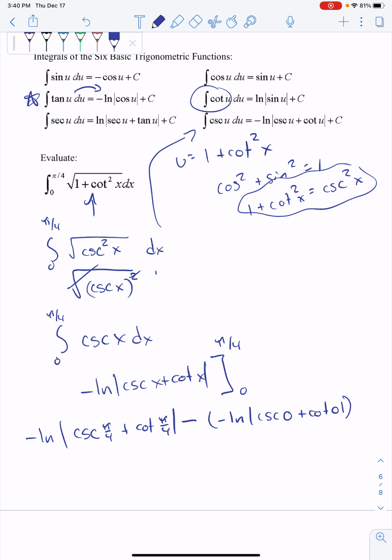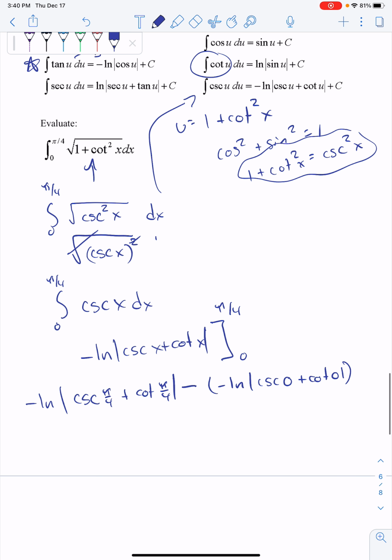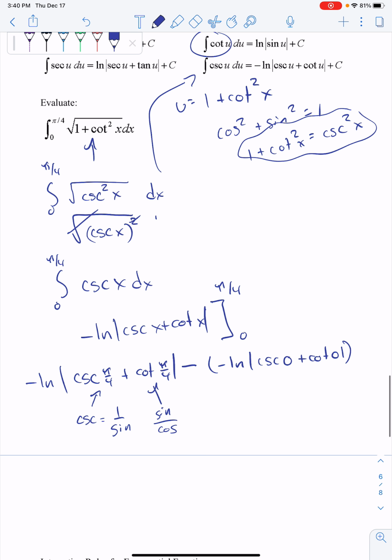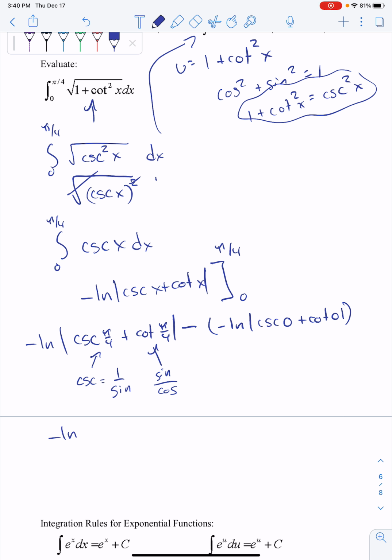So simplifying things a little bit. Here on the left, negative natural log, that's going to stay where it is. Cosecant, remember cosecant is 1 over sine, and cotangent is cosine over sine, okay? So this can be written as the negative natural log, the absolute value, cosecant of pi fourths is just 1 over the sine of pi fourths.